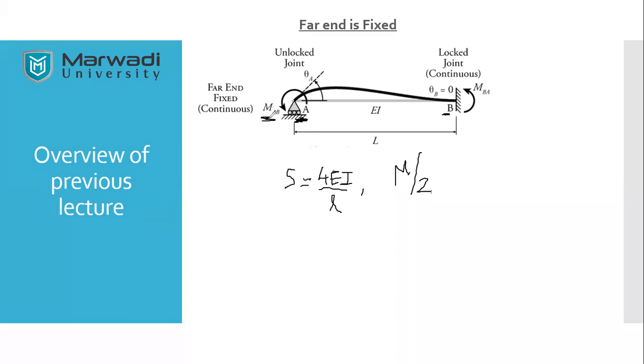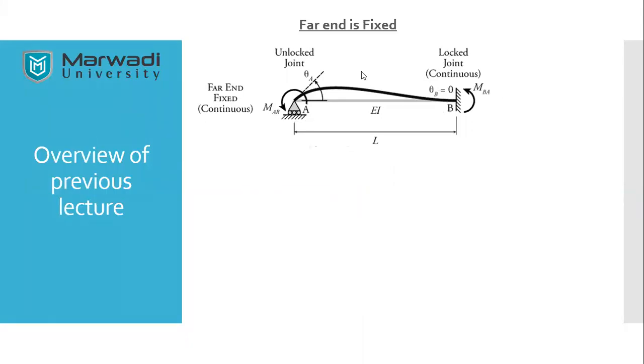If I am applying MAB, MBA will be MAB divided by 2. That is what we mean by carryover moment, and the stiffness we have derived to be 4EI by L. So this was something that we have already done. If you have any doubt, you can ask.